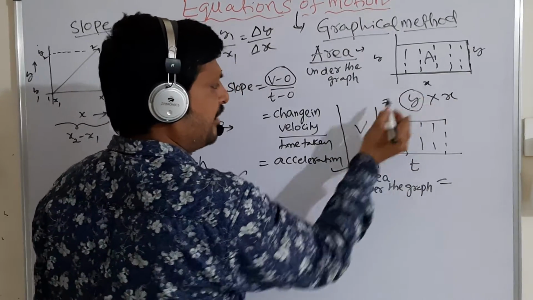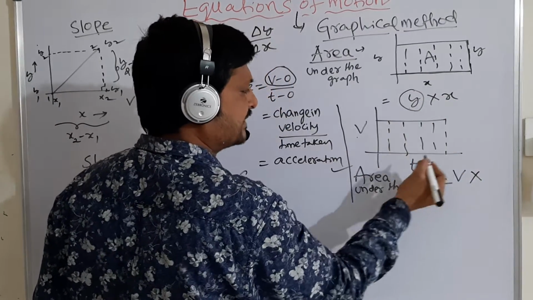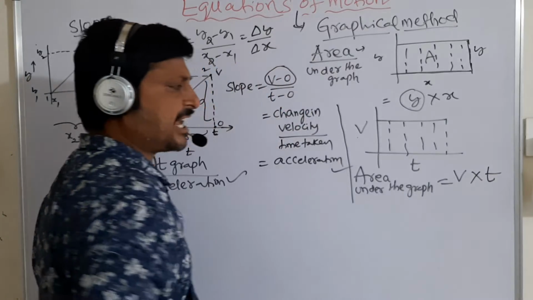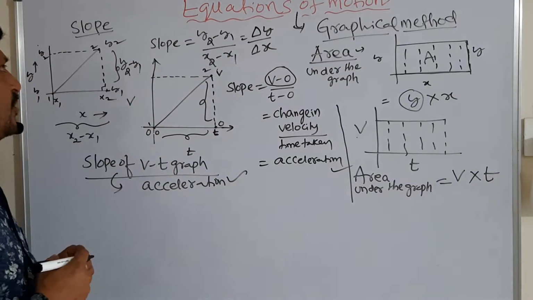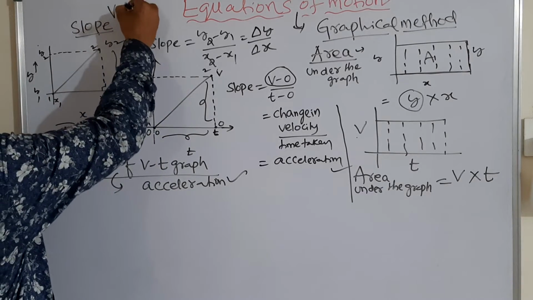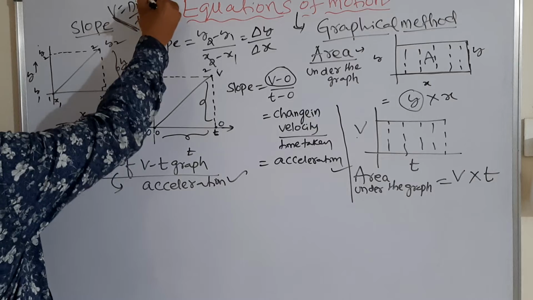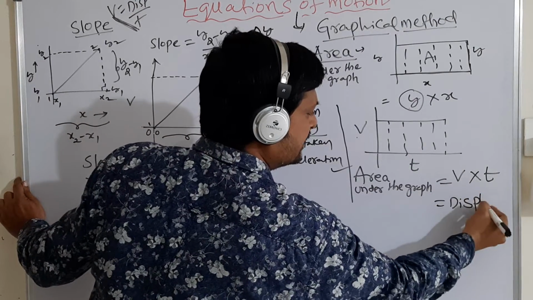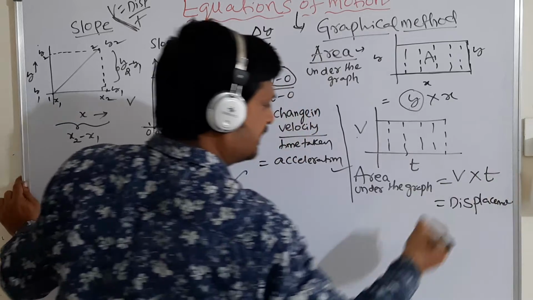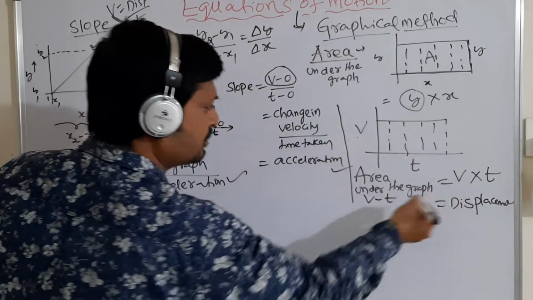In the place of y-axis, there is velocity, into, in the place of x-axis, time. So velocity into time. What is meant by velocity into time? We know very well velocity is equal to displacement by time, so velocity into time is equal to displacement. So area under the VT graph gives displacement.